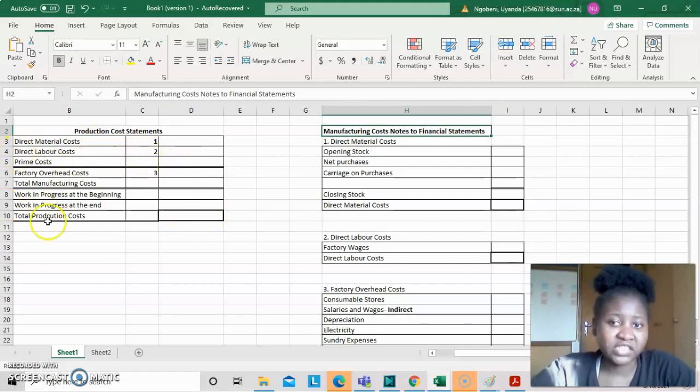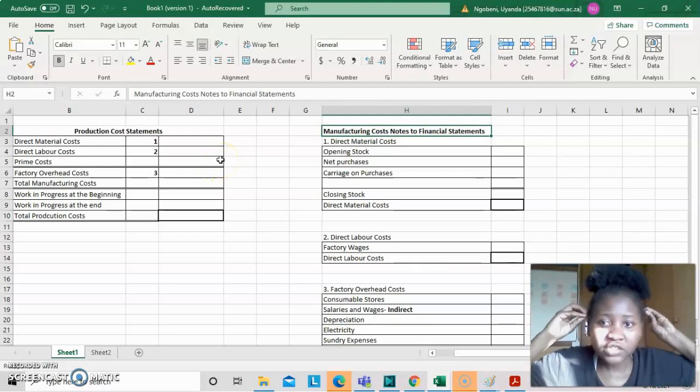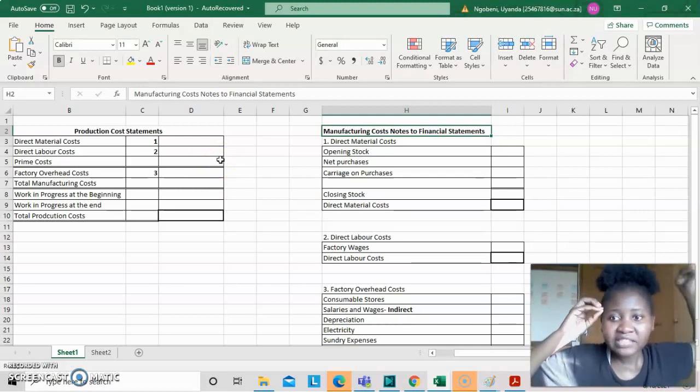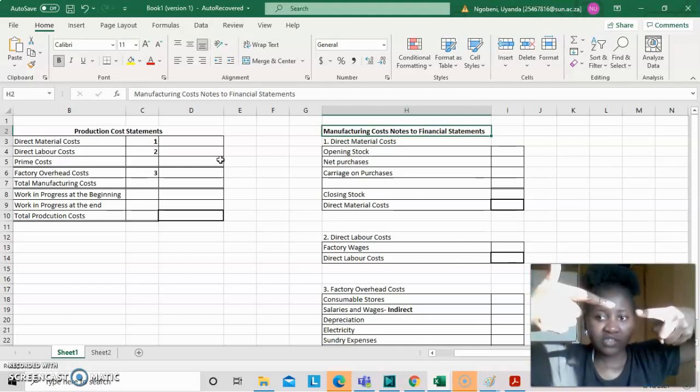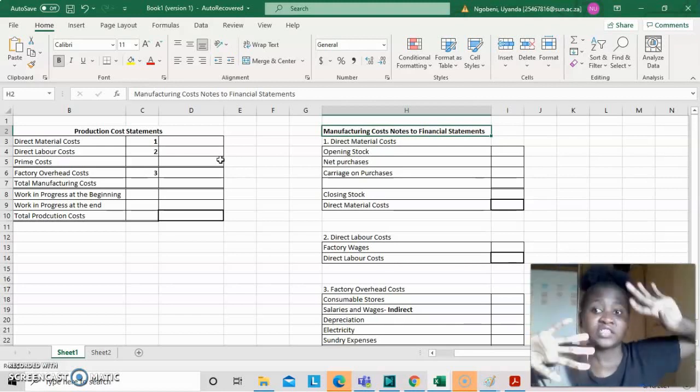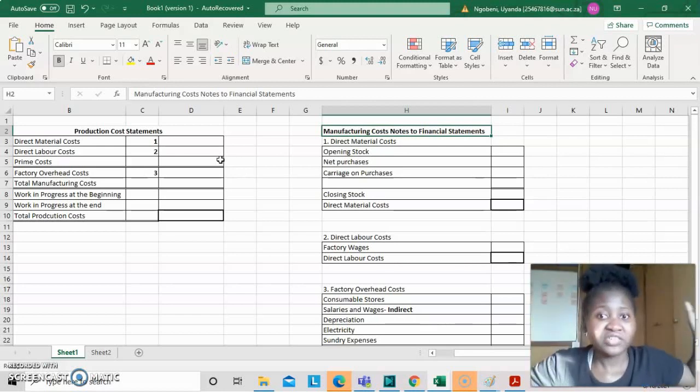Sometimes they won't require you to calculate it using the statement, but they'll ask you what is the prime cost of this business. So you need to just know that prime cost is always equal to direct material cost plus direct labor cost. So it's both of them direct. You don't have to include anything to do with indirect material purchase or indirect labor.